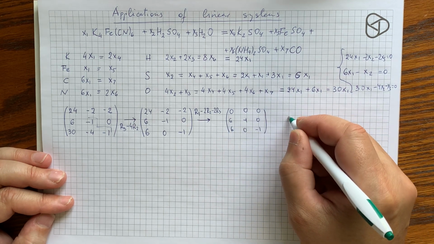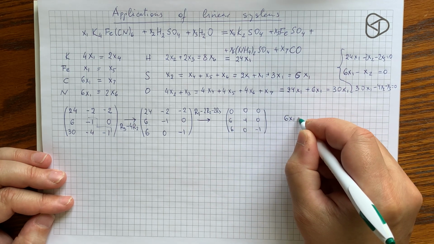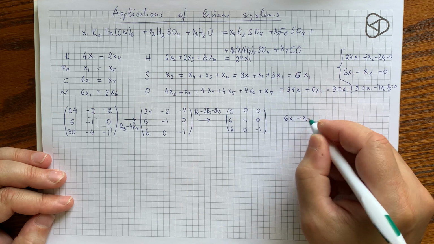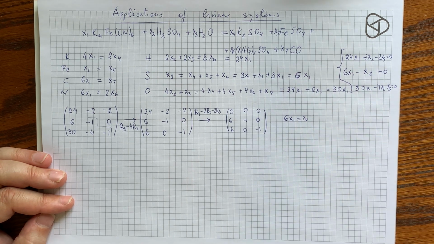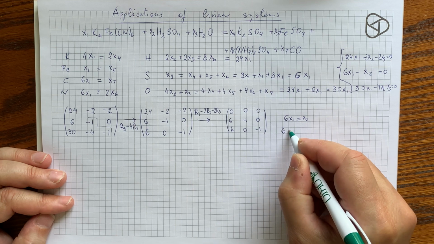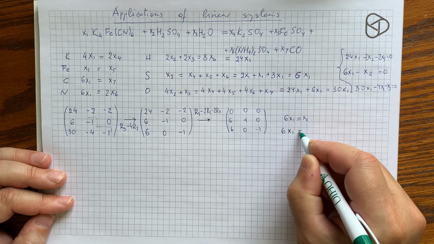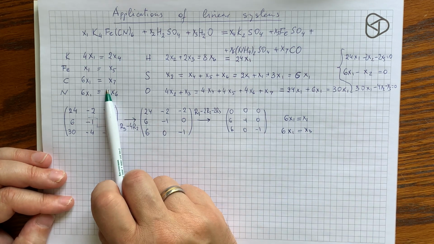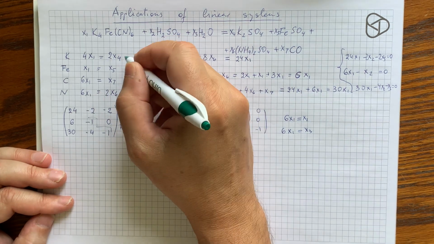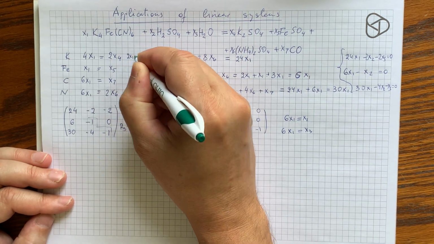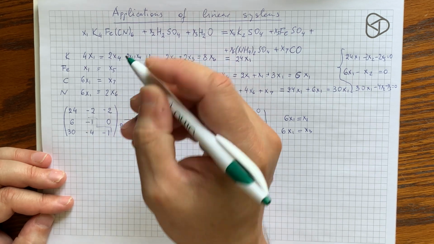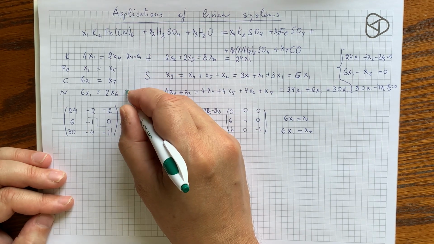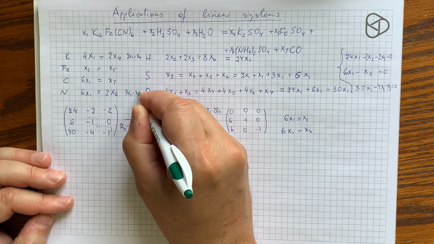So what the equations are now saying is that 6 copies of x1 minus x2 is 0, which is the same as to say that these are the same, and the same for the third equation, 6x1 is x3. So x2 and x3 are just 6 times x1, and adding it to the first bunch of equations, again here we just have the answer 2x1 equals x4, and here we have the answer 3x1 equals x6.